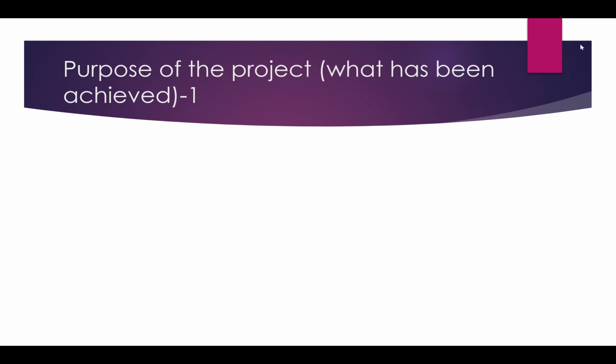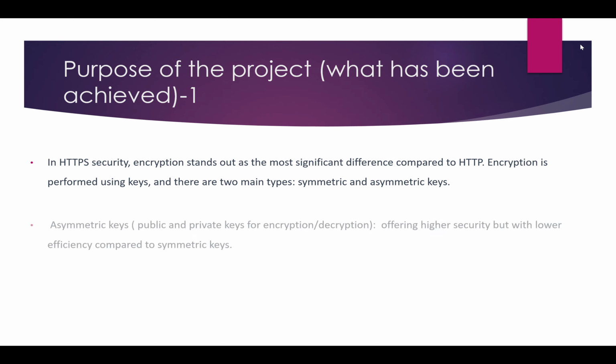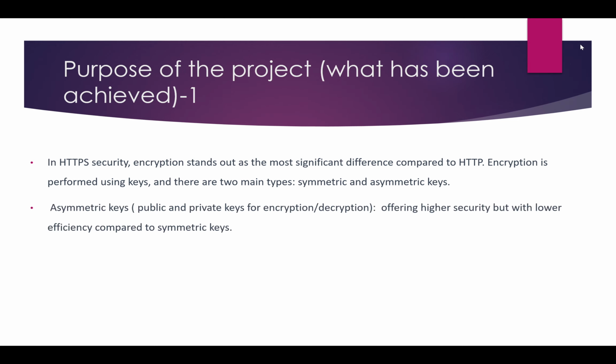Purpose of the project. In HTTPS, encryption stands out as the most significant difference compared to HTTP. Encryption is performed using keys, and there are two main types, symmetric and asymmetric keys. Asymmetric keys involve public and private keys for encryption and decryption, offering higher security but with lower efficiency compared to symmetric keys.